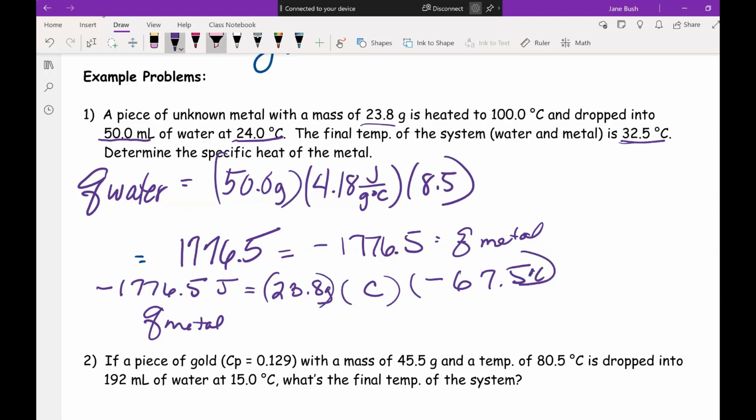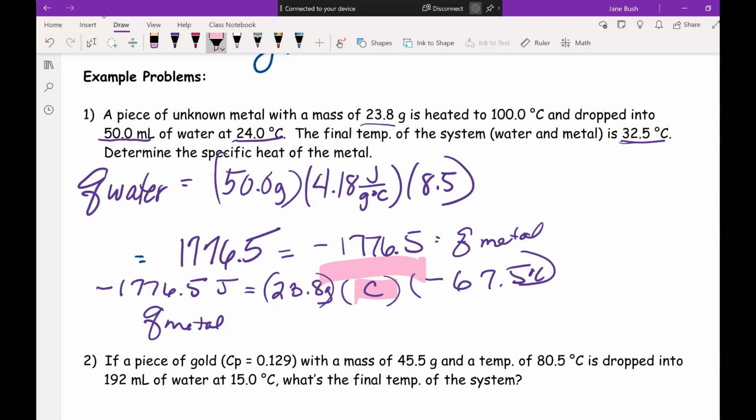How do I solve for c by itself? What I first need to do is multiply these two together, right?